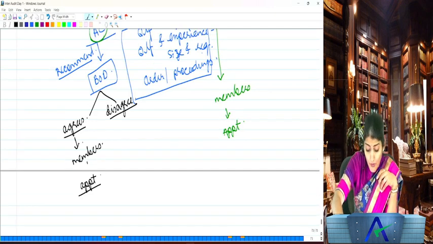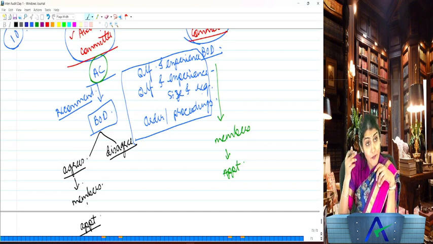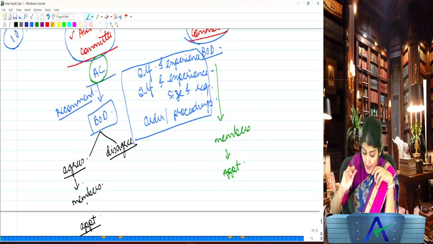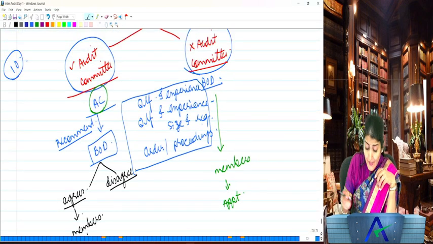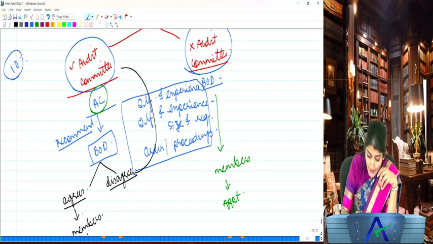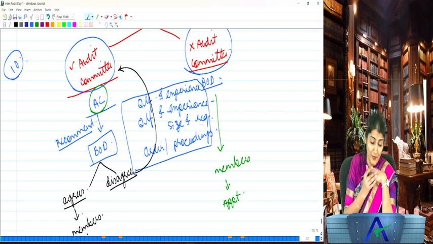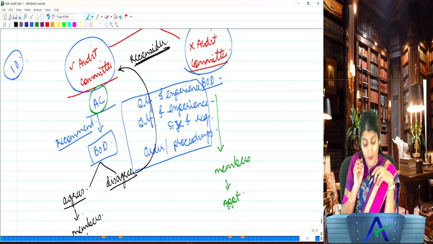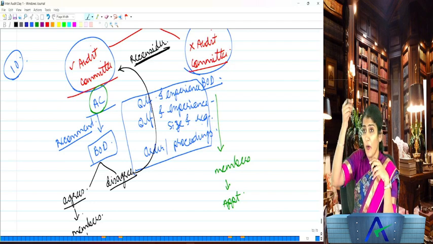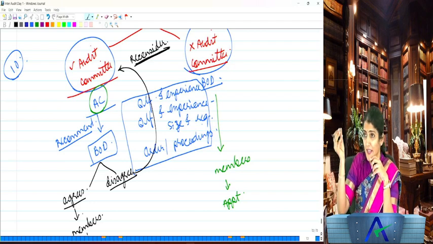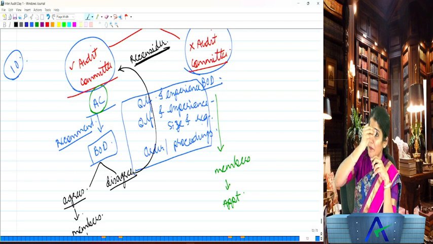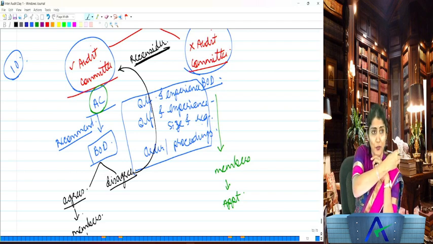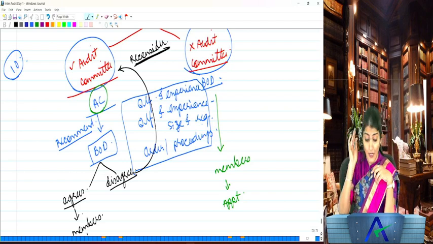However, if the board disagrees with the recommendation of the audit committee, it will cite back the matter to the audit committee for reconsideration. It will tell the audit committee that please reconsider your recommendation for the appointment of the auditor. Yes, and then say audit committee changes its recommendation and they recommend another firm, and board agrees with that, then that will pass on to the members, and then members will appoint.